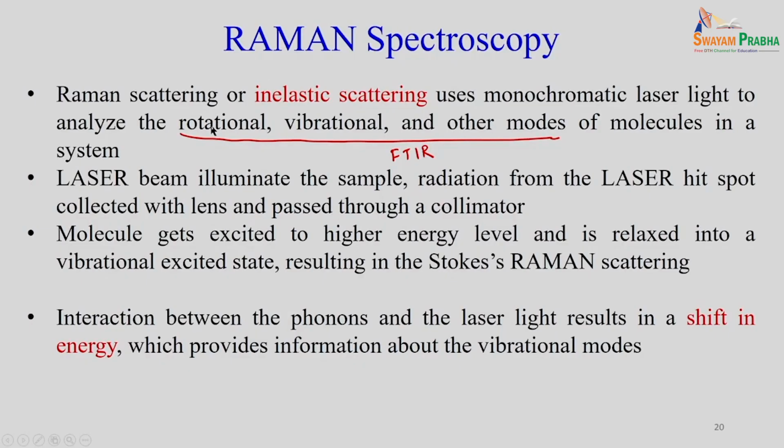It means that depending on a particular functional group, we will observe a different shift in the energy. So, as with the rotational and vibrational modes or functional groups analyzed using FTIR, we get similar information from Raman spectroscopy.